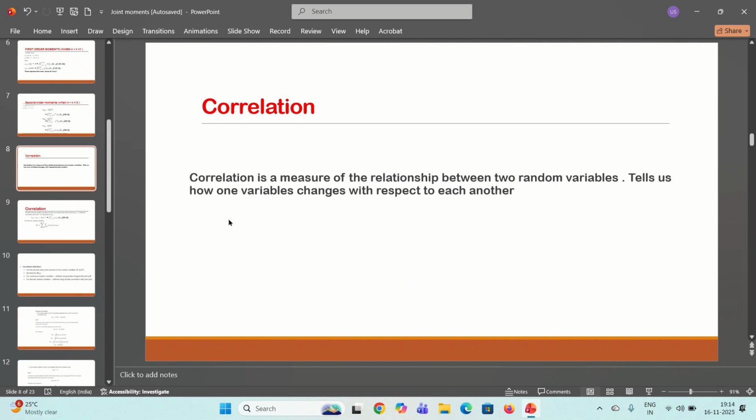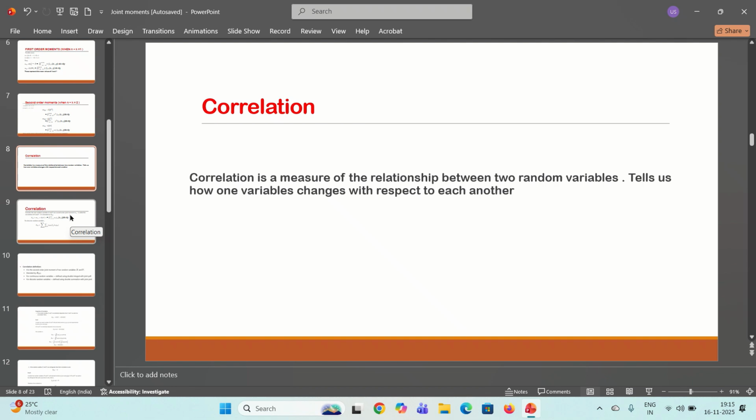Correlation is a measure of relationship between two random variables, telling us how one variable changes with respect to the other. As in signals and systems, correlation is a measure of relationship between two signals. In PDSP, correlation is a measure of relationship between two random variables. They are both similar in PDSP and signals and systems.